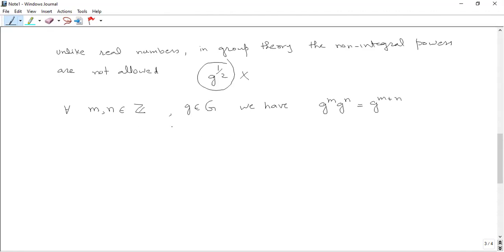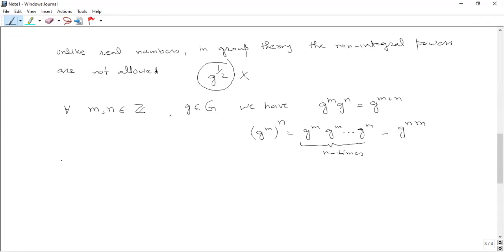And similarly, (g^m)^n is actually g^m times g^m times g^m, n times, and this is equal to g^(mn).